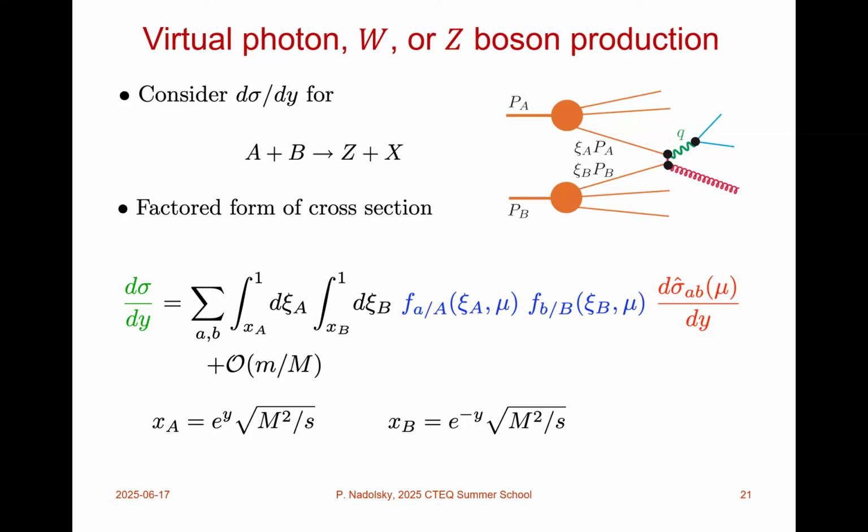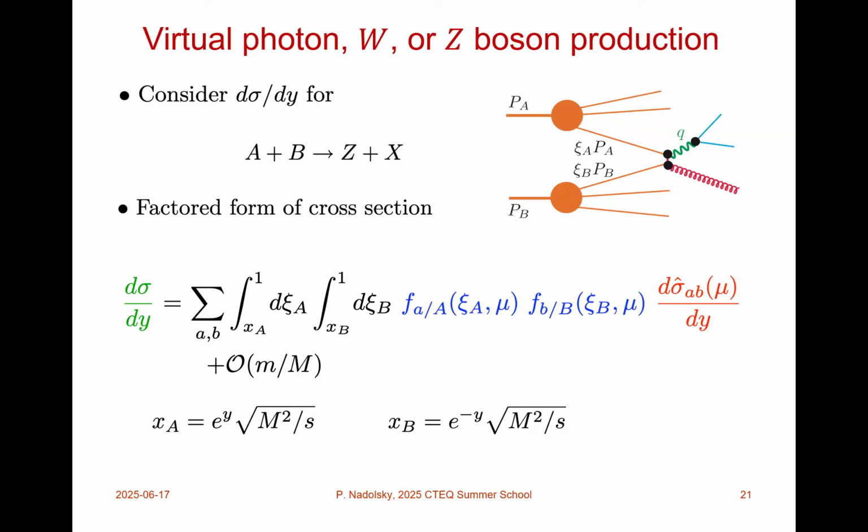The expression for the factorized cross section now includes the hard cross section for the pairwise scattering of partons A and B, multiplied by two PDFs. One PDF depends on the momentum fraction xi_A, and another PDF depends on the momentum fraction xi_B. In DIS, you remember there was one momentum fraction, which at leading order was simply equal to the Bjorken x, xi equal to x.